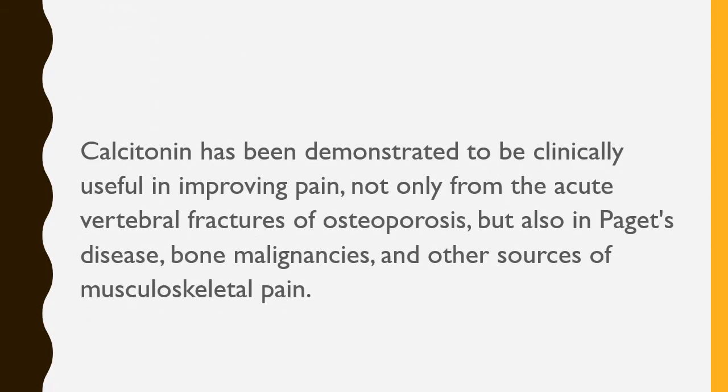Calcitonin has been demonstrated to be clinically useful in improving pain, not only from the acute vertebral fractures of osteoporosis, but also in Paget's disease, bone malignancies, and other sources of musculoskeletal pain, and hence its usage recently for treatment of these conditions rather than treatment of osteoporosis.